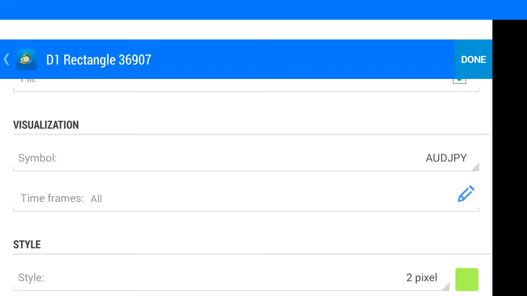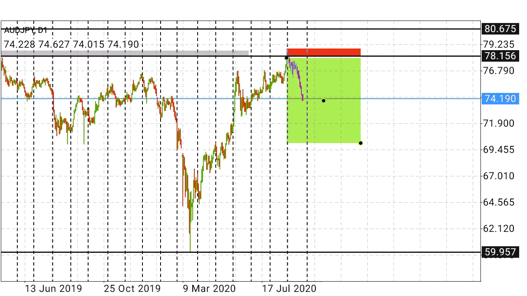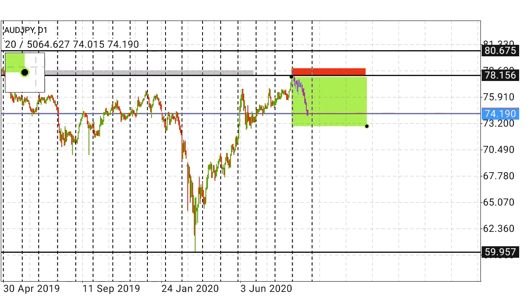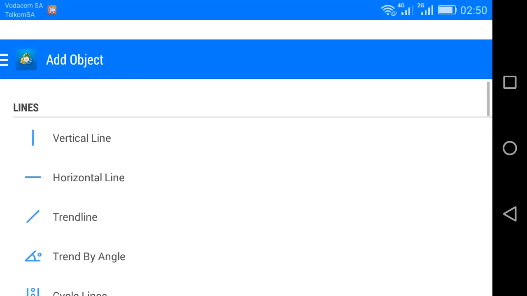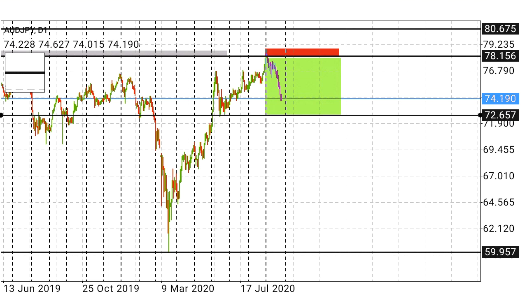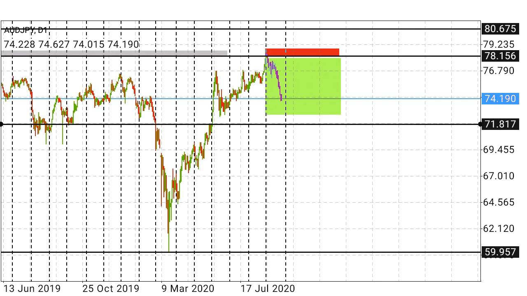Lime green. You see, where is it going to turn? I'm just giving you a trade, guys, where it is going to turn. If I took it, where was I going to exit? Just here.